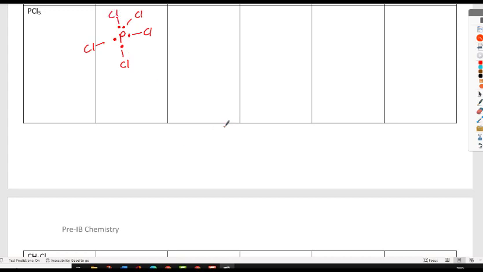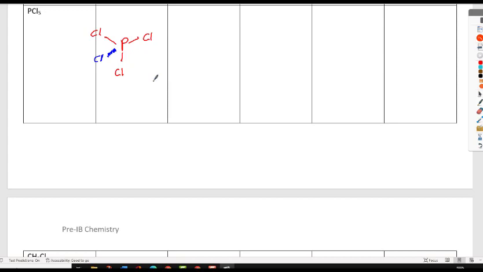So 3-dimensional, what it kind of looks like, it's going to look like this, where 3 of them are all in the same plane. And then we have one of them going back into the plane. So I can picture that like going into the board.